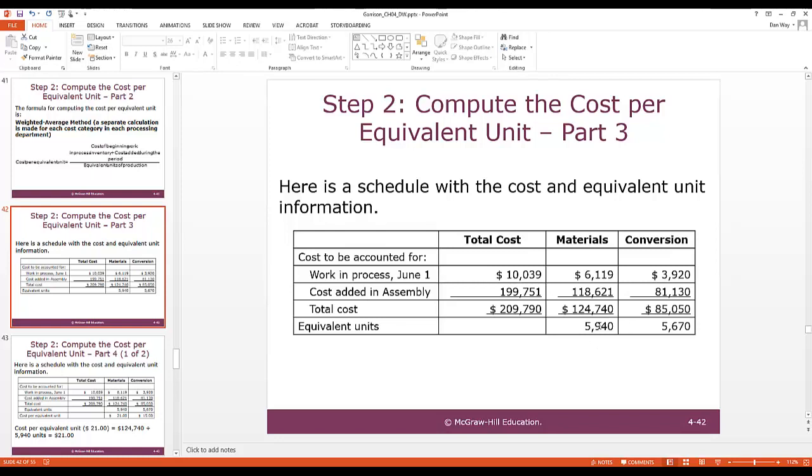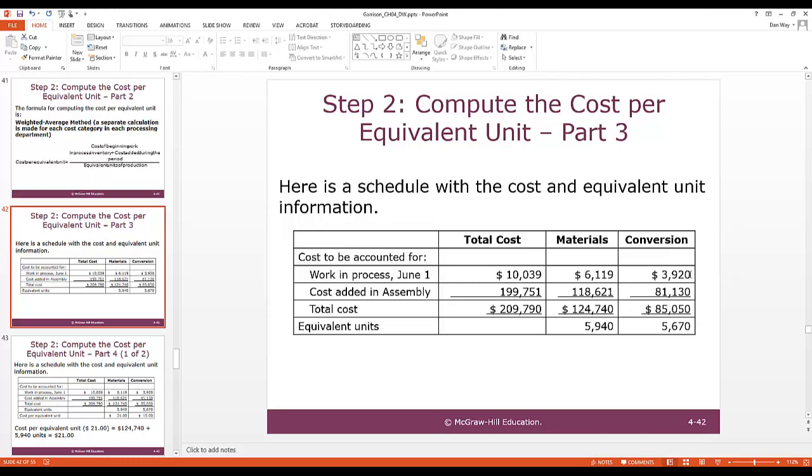So in this particular case, we have $124,740 in total materials costs for the period, which represents the materials costs related to beginning work in process, plus the costs that were added during the period in assembly. And our equivalent units of production with respect to materials is that same 5,940 that we discussed just a couple minutes ago. Similar deal for conversion.